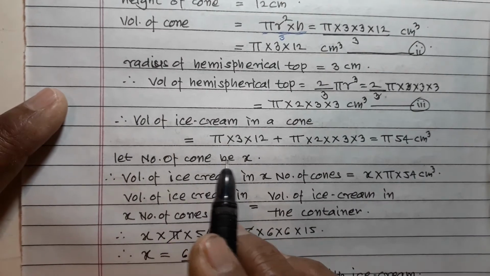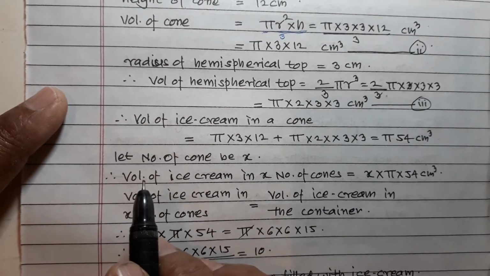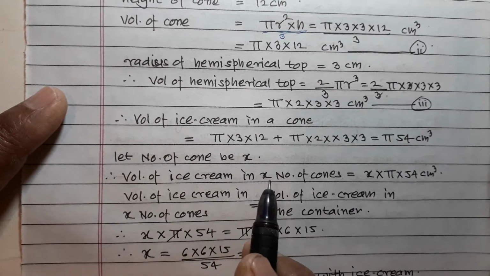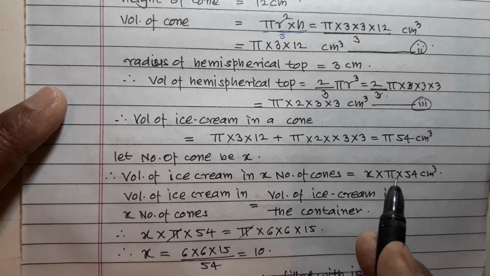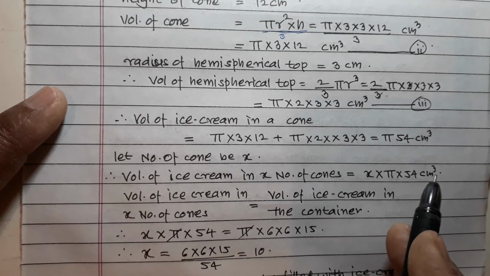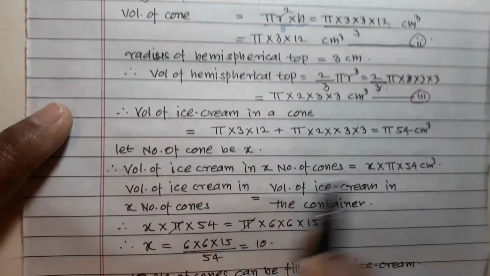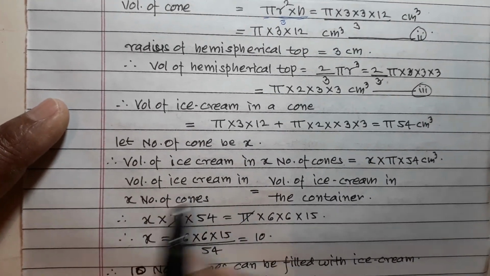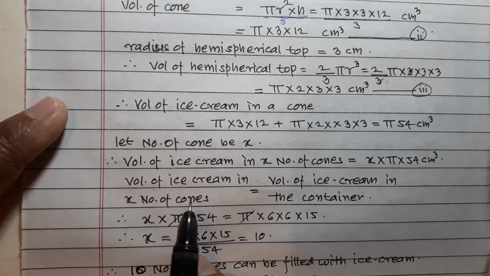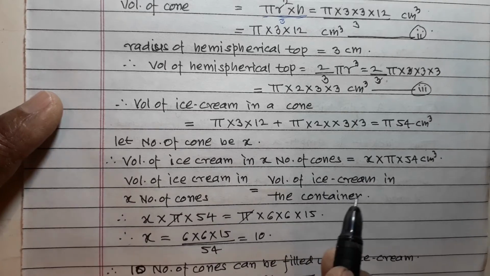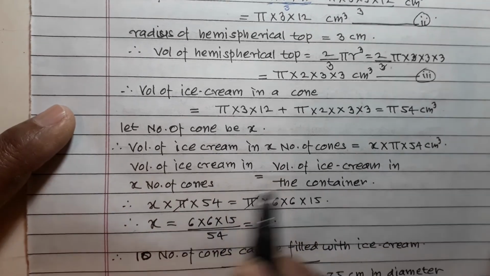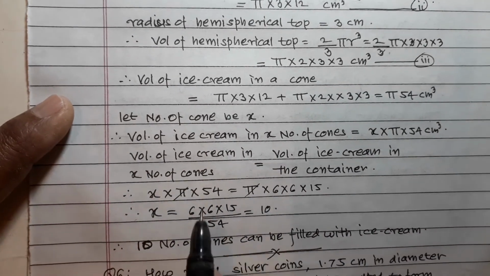Let the number of cones be x and therefore volume of ice cream in x number of cones is equal to x into pi into 54 cm cube. Now volume of ice cream in x number of cones is equal to volume of ice cream in the container. So if you simplify this, you will get x.